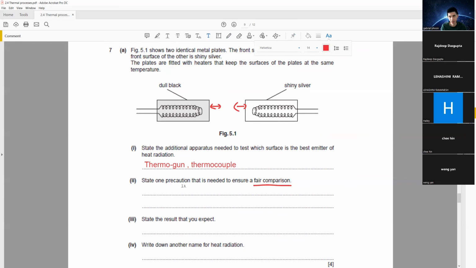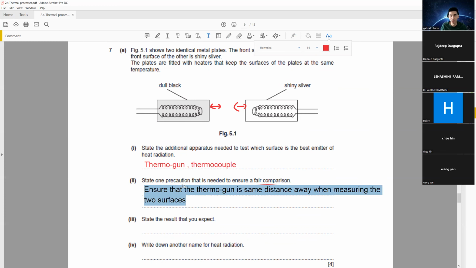You could write down something like: ensure the experiment is conducted in the same room, make sure that it's without wind, or make sure that the thermal gun is the same distance away when measuring both surfaces. Anything that's logical is definitely acceptable, guys.